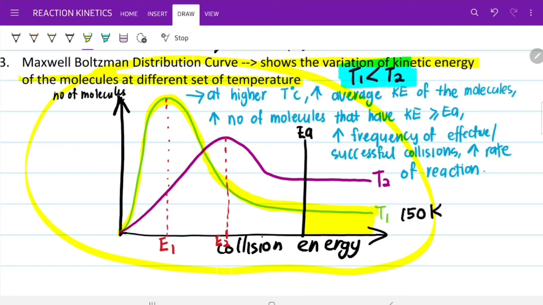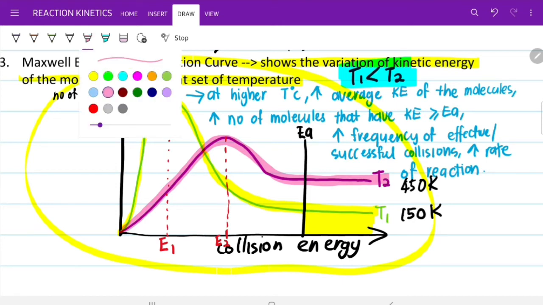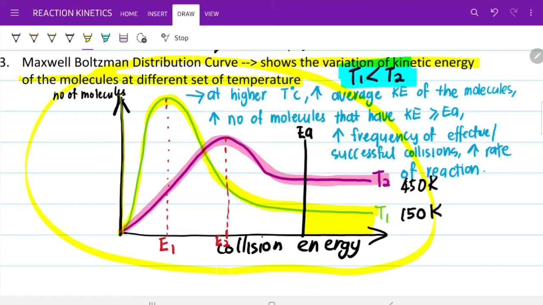The purple curve here refers to my distribution curve at T2, which is a higher temperature compared to T1, and let's say T2 is about 450 K. The Maxwell Boltzmann distribution curve consists of a y-axis, which represents the number of molecules, and an x-axis, which refers to the collision energy.